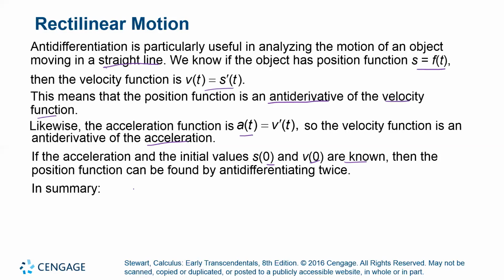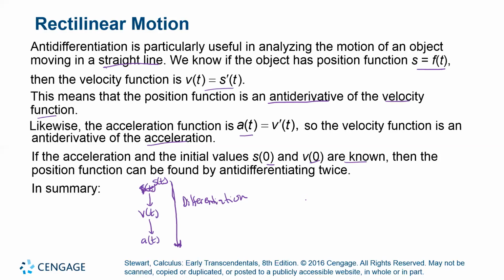Okay, we know that if you have the position function s of t, and if you want to get the velocity, and then if you want to get acceleration, if you are going this way, this is differentiation.